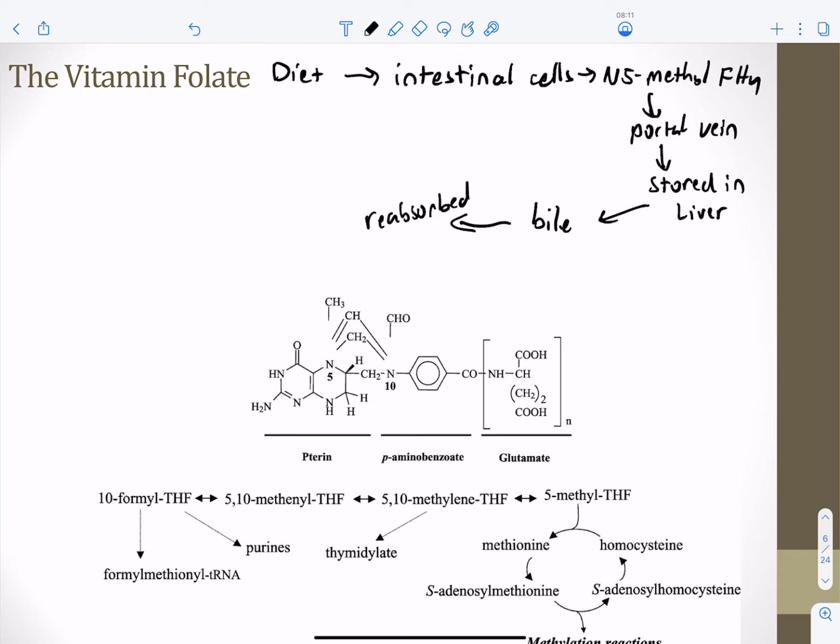And then N5-methyl tetrahydrofolate is going to be the major form of folate in the blood, and this is going to be associated with serum albumin. And that's how it's going to move around the body.